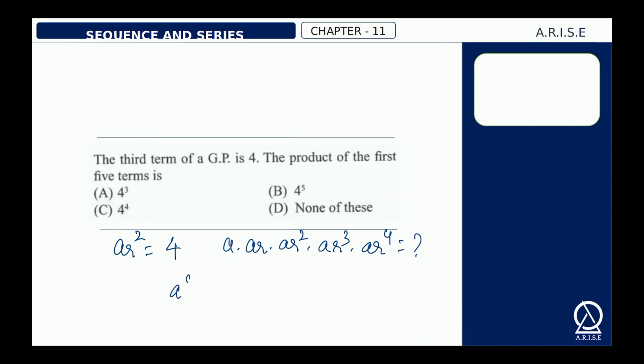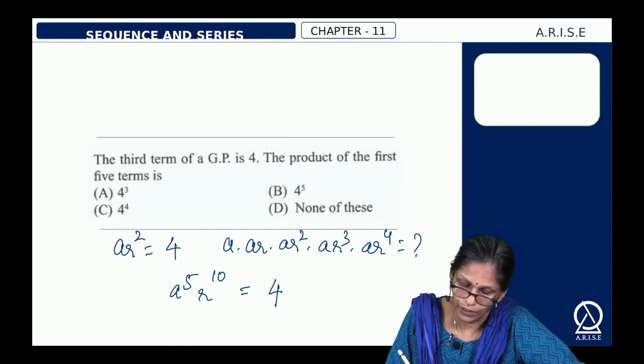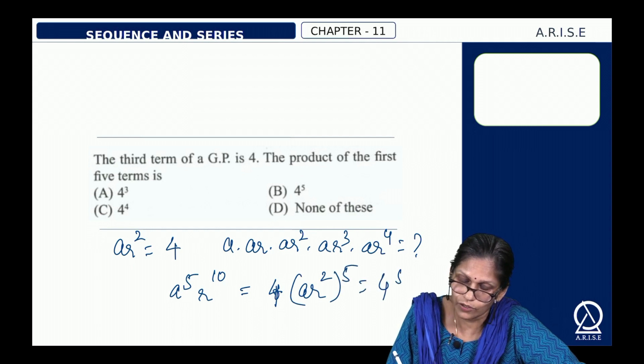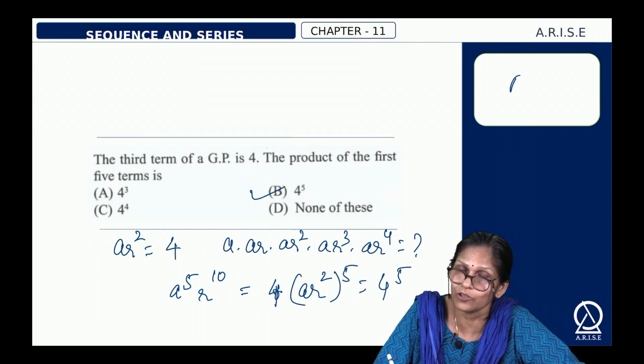Isn't this A raised to 5 into R raised to 10? That is what you are asked to find. So, that is AR squared the whole raised to 5, that is 4 raised to 5. That is your answer. Option B is your answer.